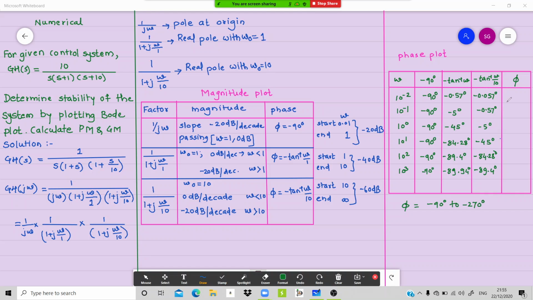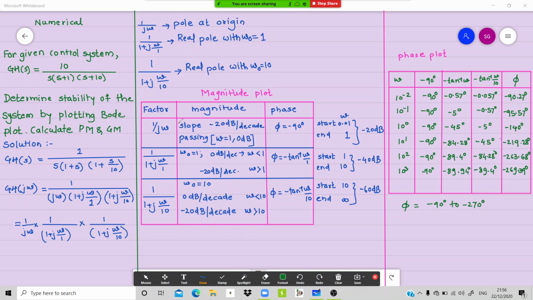Okay, so if you add, you are going to get minus 90.27, then minus 95.57, minus 140, minus 219.28, minus 263.68, and minus 269.3439.